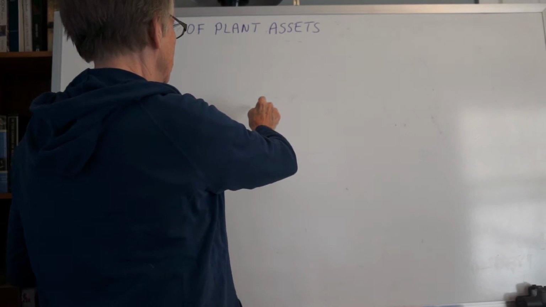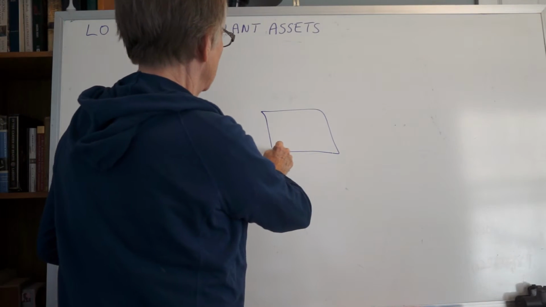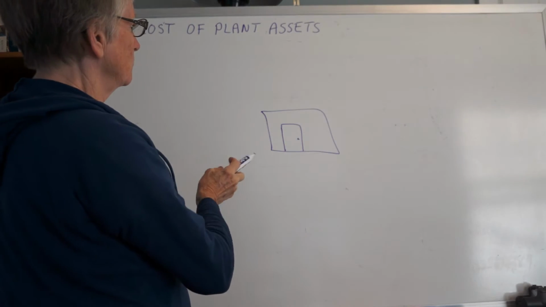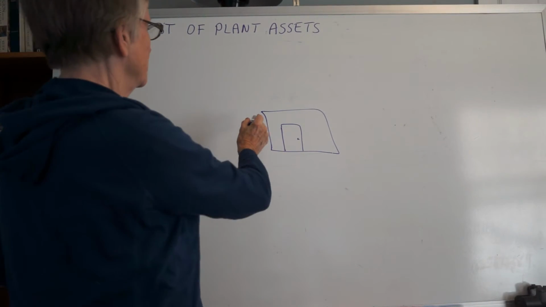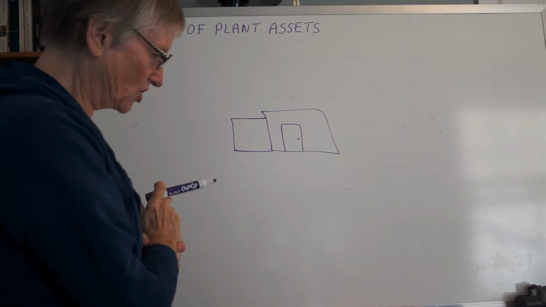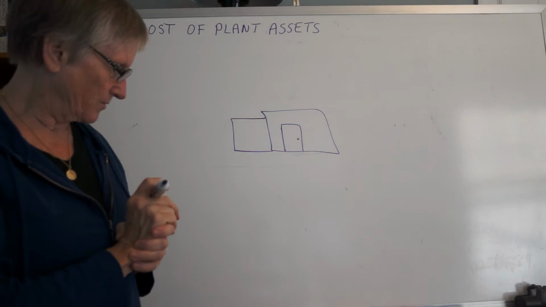So maybe you've bought a nice building, but it's not going to be big enough for you, so if you have to put on an addition, that would go into the initial cost of the building.